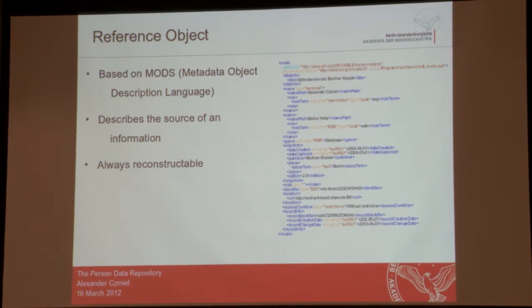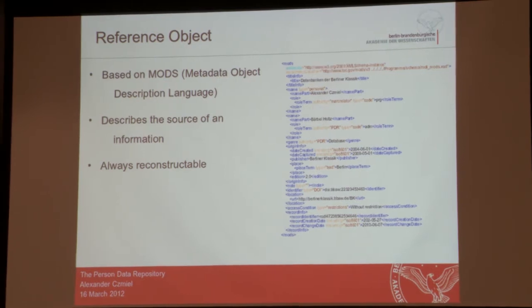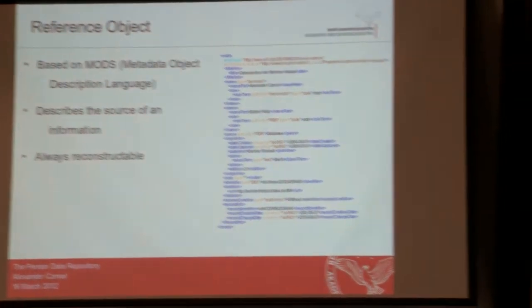The reference object describes the source of an information, which can be a manuscript, a book, a person, a database, anything. And for us, it was important that from the aspects, we are always able to reconstruct where the information comes from.